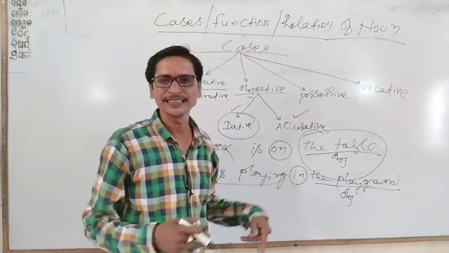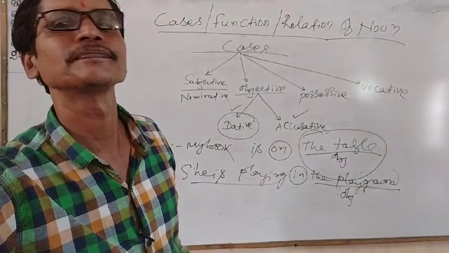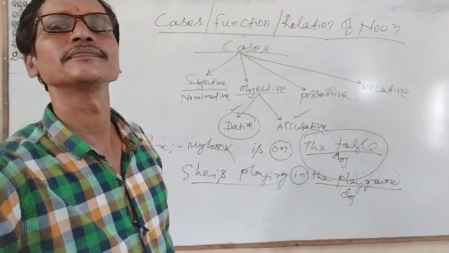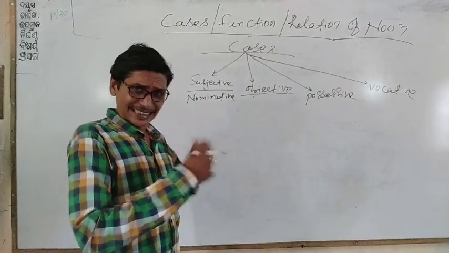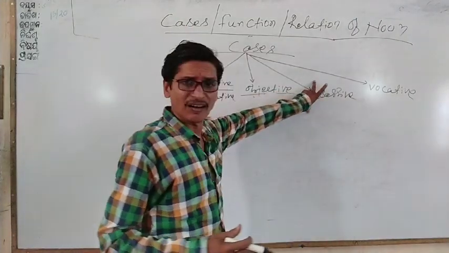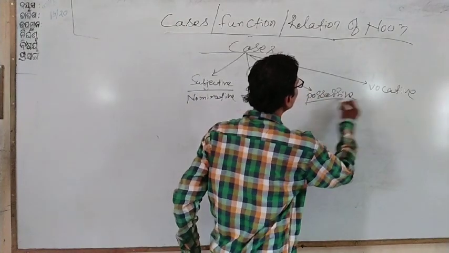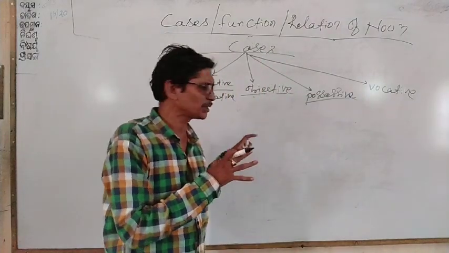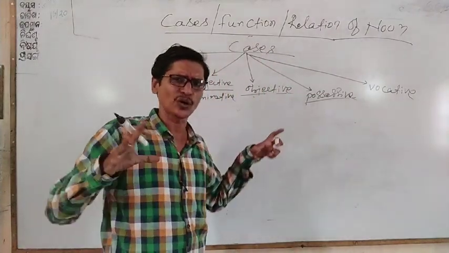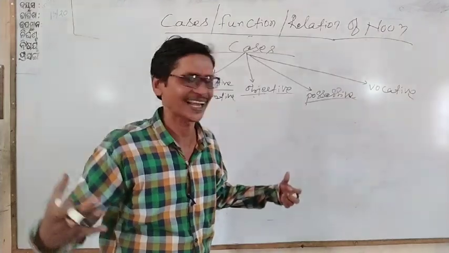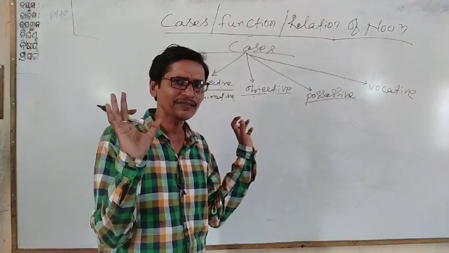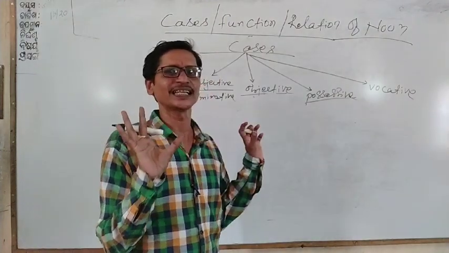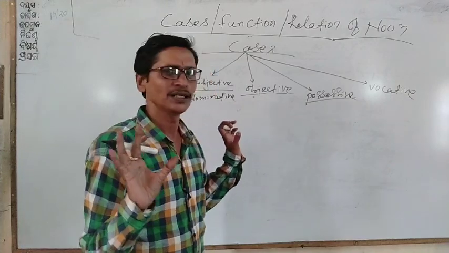Let's discuss the possessive. The next case of a noun is possessive case. We will discuss these possessive cases broadly in another class, but today let's have some basic understanding of these possessives.